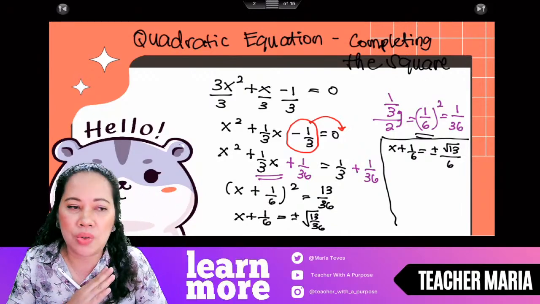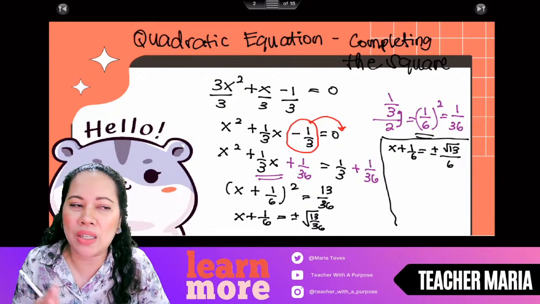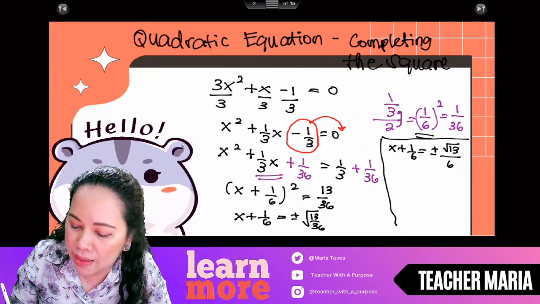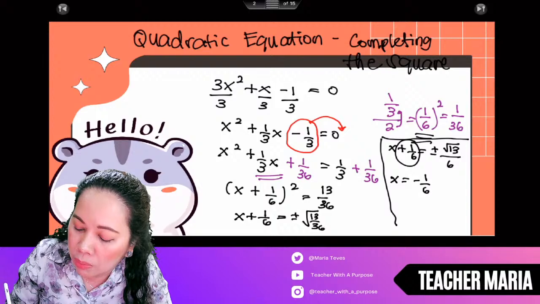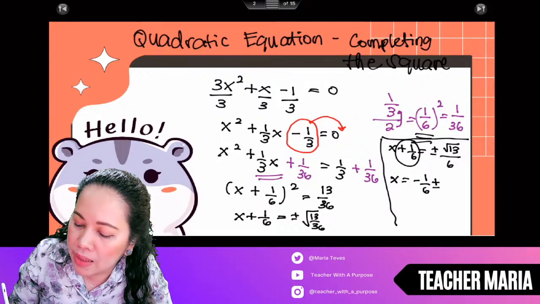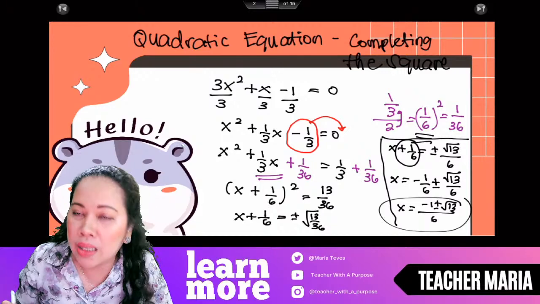That means you can extract 6 out. 36 extracted, square root of that will be 6. Transfer plus 1/6 to the other side. It will be x equals negative 1/6 plus minus root 13 over 6. So you will have negative 1 plus minus root 13 over 6. That's your answer.